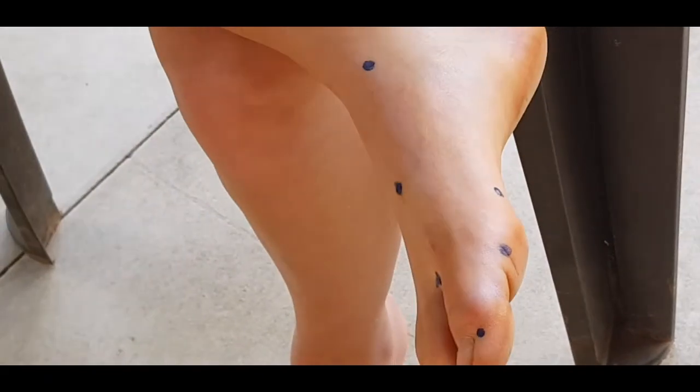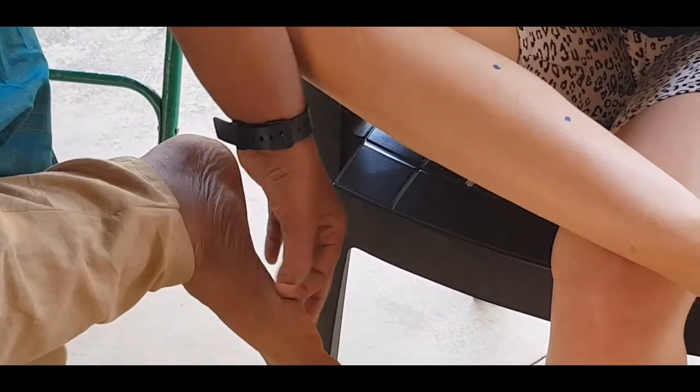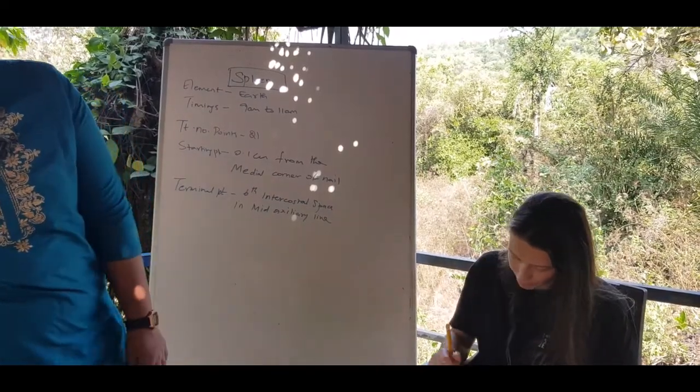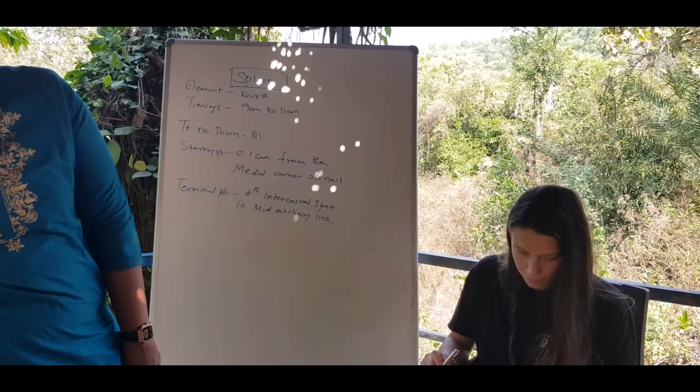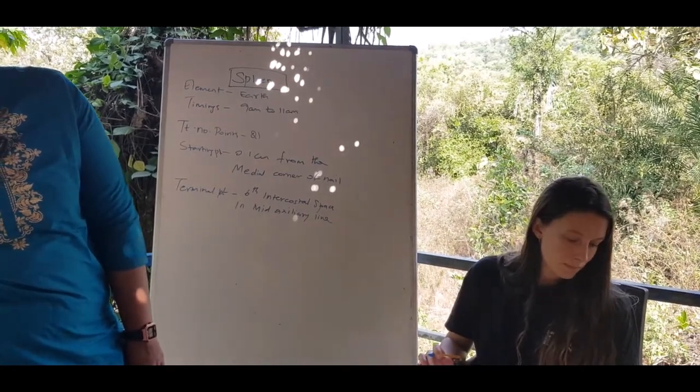Spleen 3 is located in this region. Spleen 4 is at the first metatarsal junction of two skin colors, the proximal end.